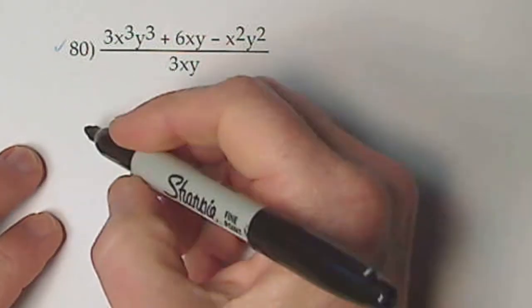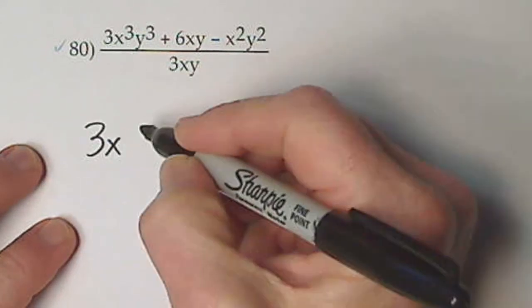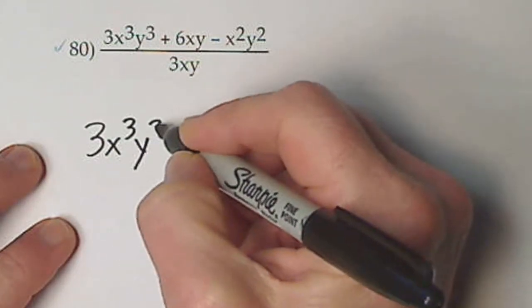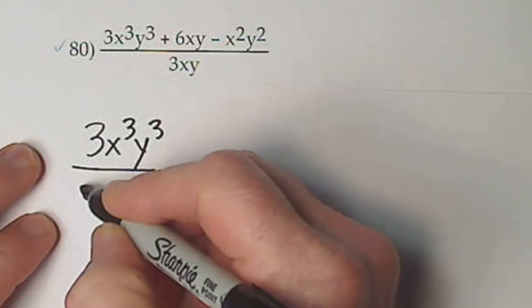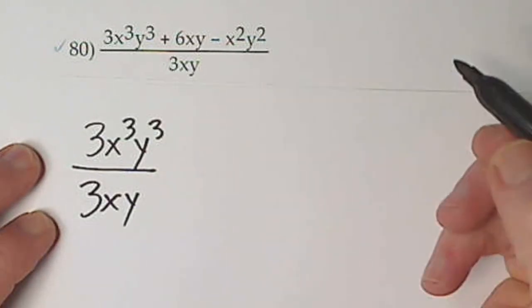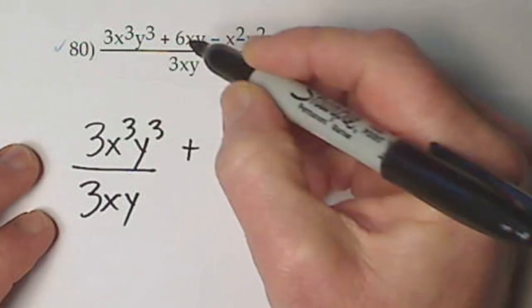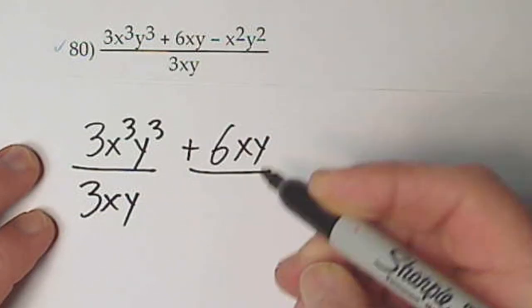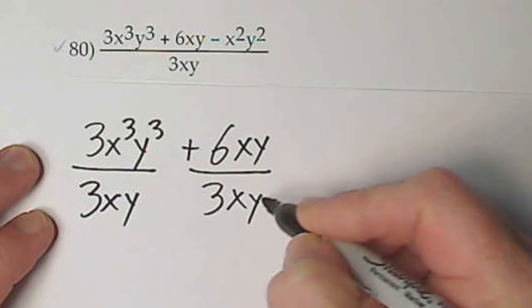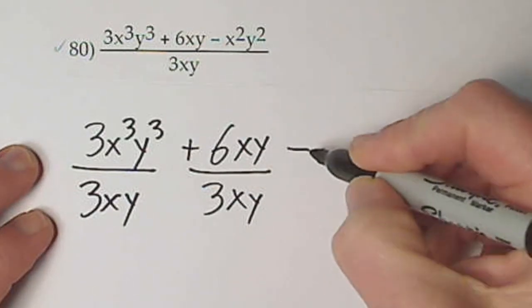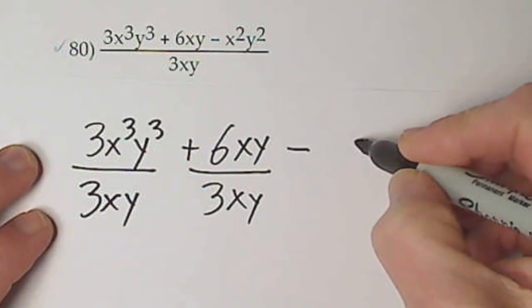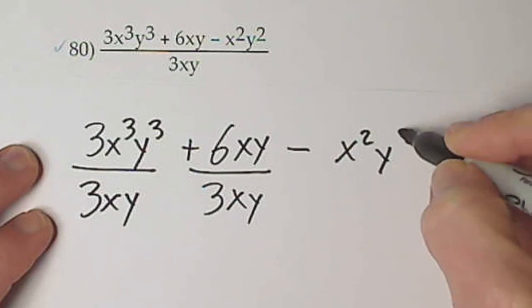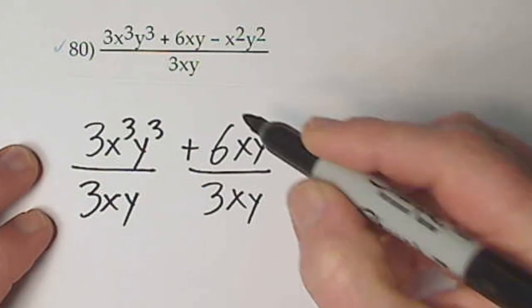So we have 3x to the 3rd y to the 3rd over 3xy, then plus 6xy over 3xy, then minus x squared y squared over 3xy.